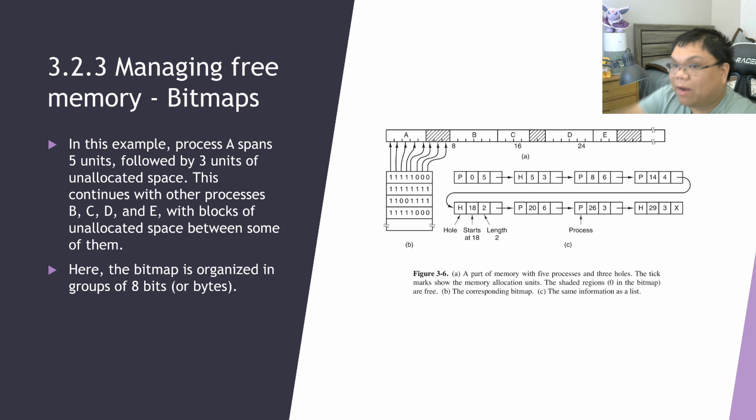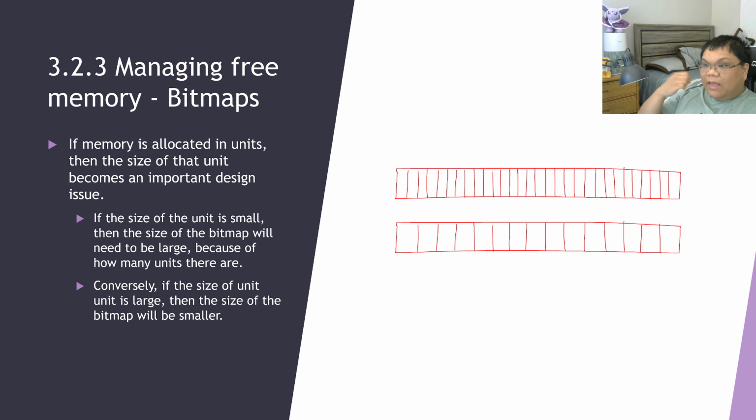So here's the thing about a bitmap. We are cutting up memory into units of all the same size. The size of that unit becomes an important design issue. If we make the size of that unit small, that means we are cutting up memory into lots of little pieces.